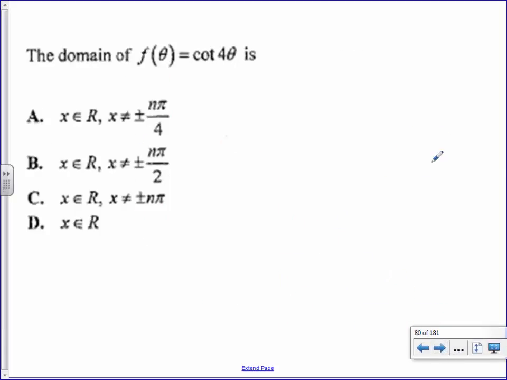Okay, this was an old diploma question. Like I said, I haven't seen them do a lot with cotan and secant and that stuff, but I'd like you to know it. So the question here now is, what's the domain of a cotan, but you throw a 4 inside of it? What is cotan's domain normally?